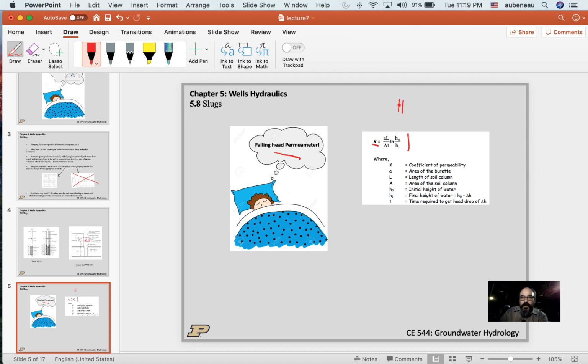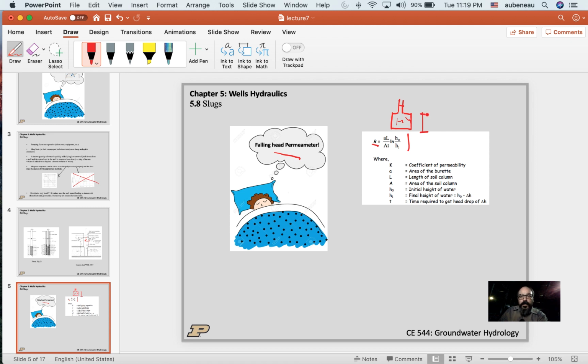If those two areas are different, if this is your gravel pack here and this is your tube, now you have two different areas that are represented here by little a and big A in the falling head permeameter. You can see that L, if you remember, was the length of the sample, so that would be the length of your sand or whatever material you're testing. The length of the column, the time is down here, and then some log of the h0 over h1, so the original level and then the drop at some time later.